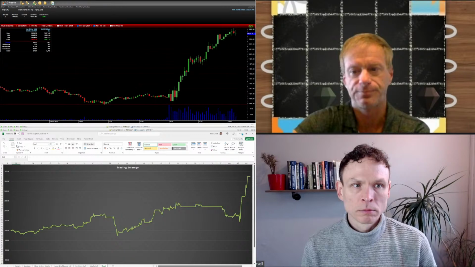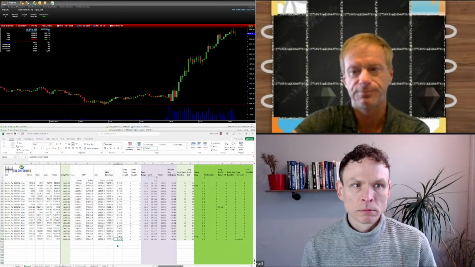What's the difference between this model and the ones on the website? Well, this is a cross between a pure backtest model and a simple trading model. If I go back to the model on my screen, it allows you to backtest first of all.